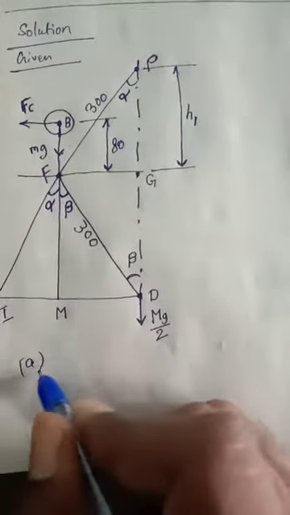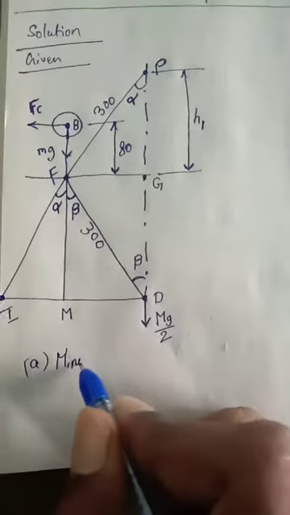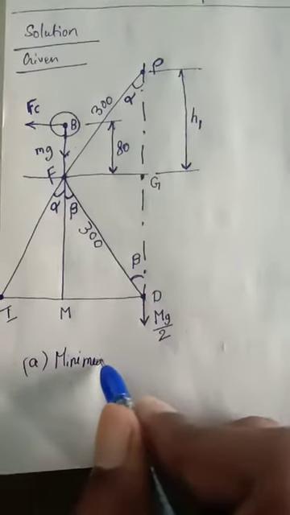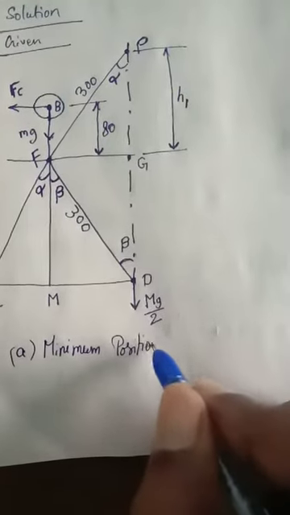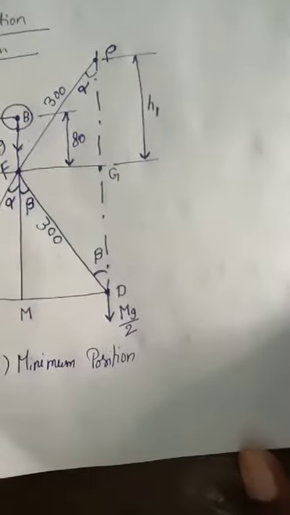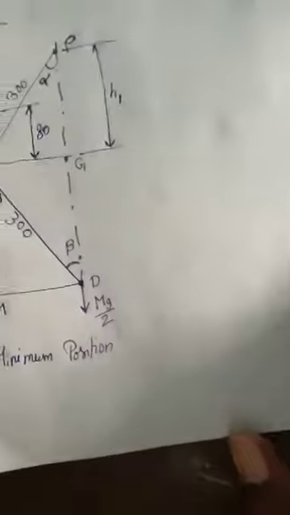So this is the minimum position. This diagram is called the minimum position. Now we are going to see the maximum position.